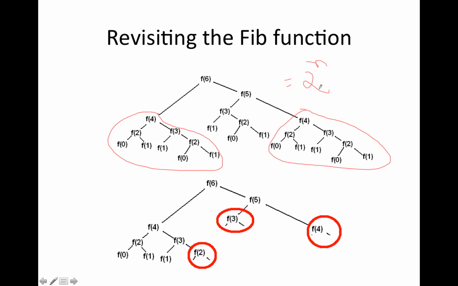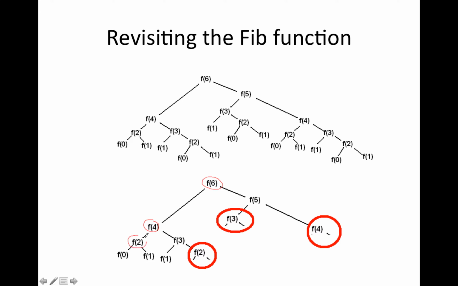If we were, however, to cache the values that we have seen before, our complexity goes down a lot, a humongous lot. On the figure below, you can see that f of 6 leads to f of 4, and f of 4 leads to f of 2, then we get f of 0, we return back up, we again do f of 1, we back up, and once we have f of 2, since fib is n minus 2 plus n minus 1, we try to calculate f of 3, and this leads to f of 1.